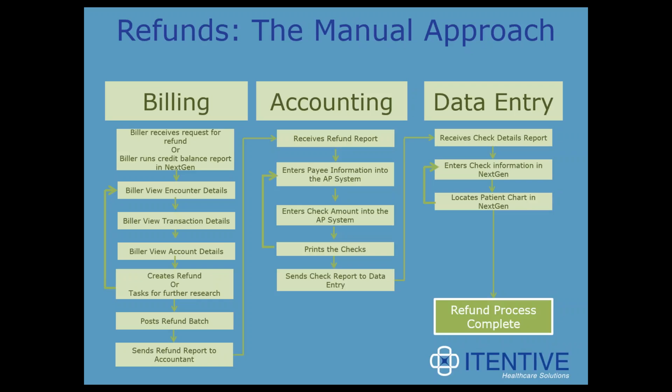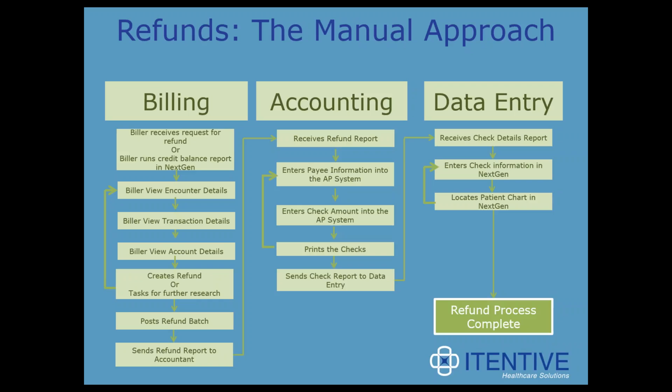Once all the checks are printed, then you need to get the information, or some organizations get the information back into NextGen. Other organizations do not enter the information back into NextGen. The organizations that do enter the information back into NextGen go through a series of steps to enter that information back in there.